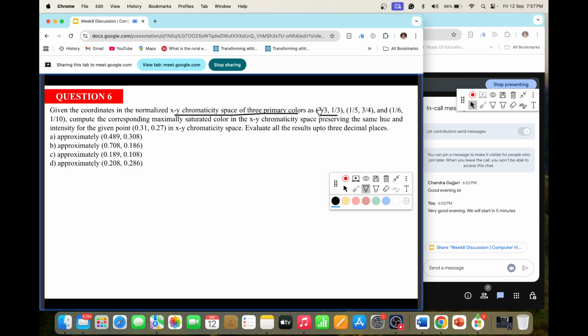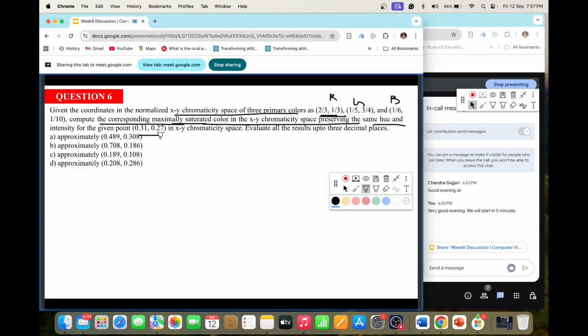That is given by 2 by 3, 1 by 3, that is R, and this is G, and this is B. So RGB is given, and these are all saturated values, you can say RS, GS and BS. Compute the corresponding maximally saturated color in XY chromaticity space preserving the same hue and intensity for the given point 0.31, 0.27.